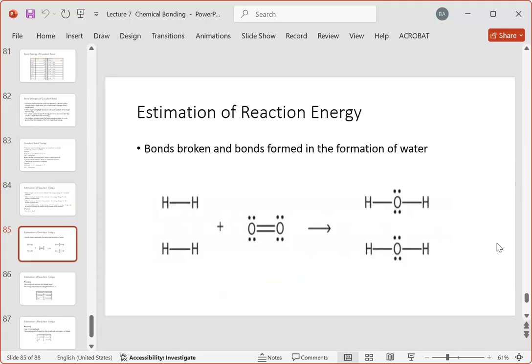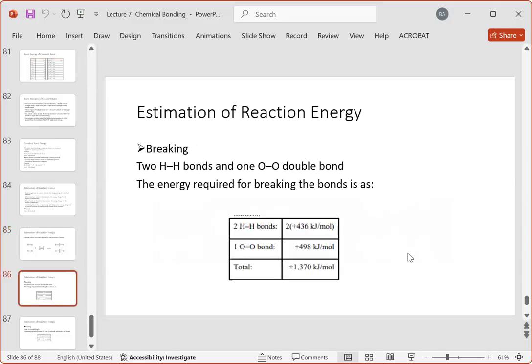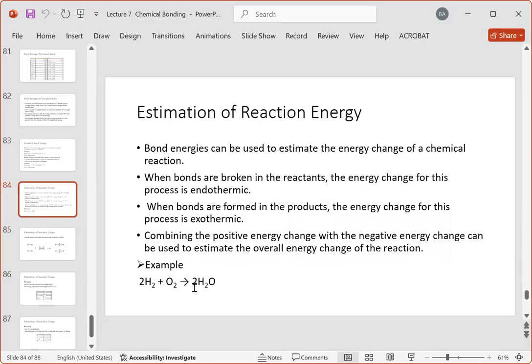So here, once hydrogen and hydrogen break, hydrogen and oxygen will have this bond, and hydrogen and oxygen will have this bond, and because there are two moles, when you come here, it's two of them.